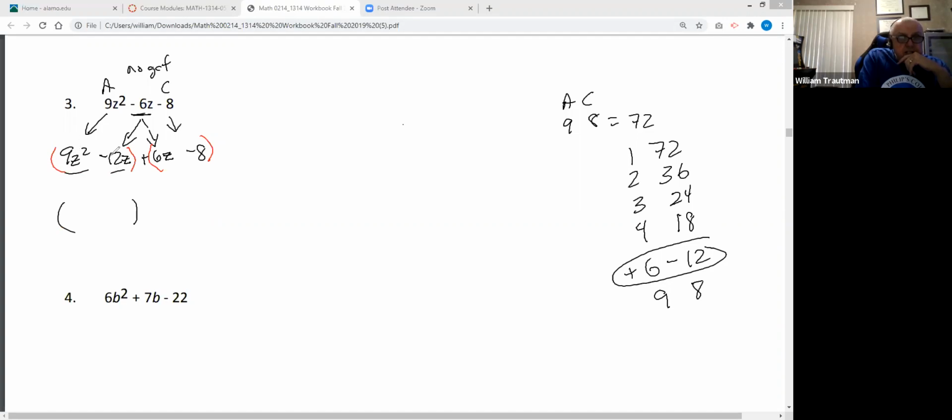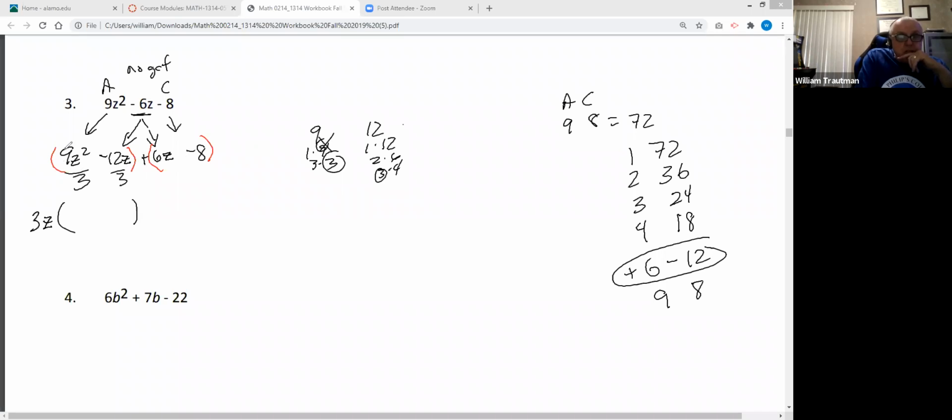If you look at 9 and 12, 3 factors out, and z. 9 is 1 times 9, 3 times 3, and 12 is 1 times 12, 2 times 6, and 3 times 4. There's no 9 over there, so the largest number in both is 3. So I'm going to divide out a 3, and the lowest power z is z.